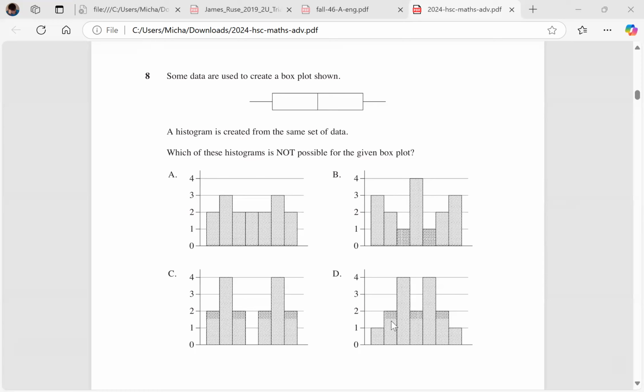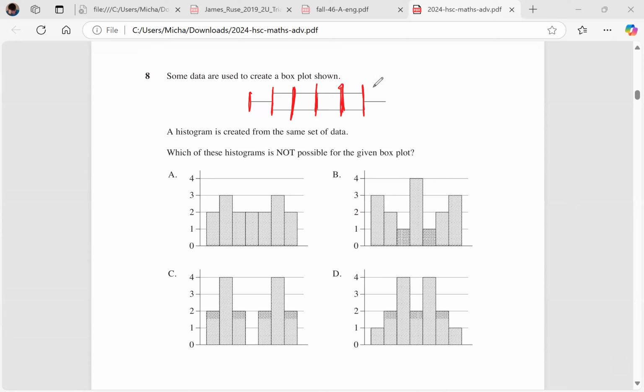I think it's saying that the gap between the minimum and the first quartile is 1, and the gap between the first quartile and the median is 2 because it's bigger. So it's saying twice as long, is that what you're saying? Yeah.